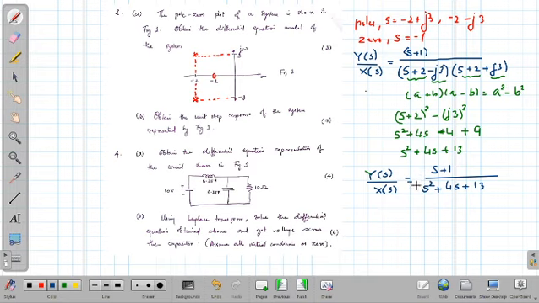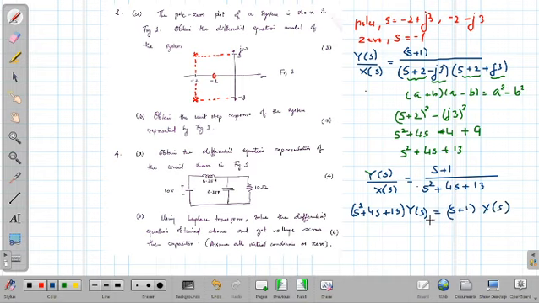What you need to do is you need to cross multiply and take the inverse Laplace transform. Okay, so if you cross multiply, you will have s square plus 4s plus 13 into y of s equal to s plus 1 into x of s.